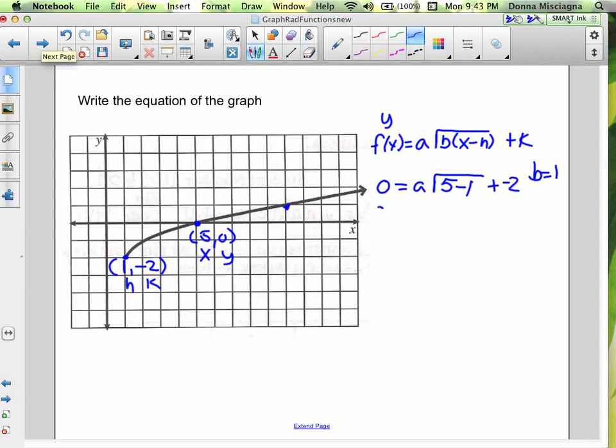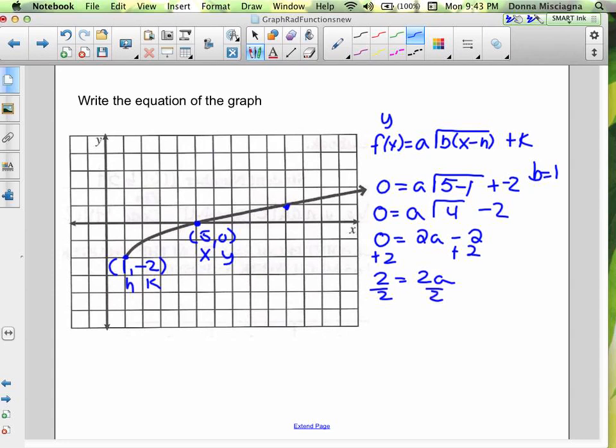All right, so we have 0 equals a, and then 5 minus 1 is 4, and then minus 2. Square root of 4 is 2, so 0 equals 2a minus 2. Add 2 to both sides, right? So 2 equals 2a, and then divide both sides by 2.